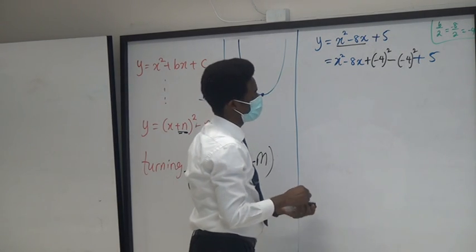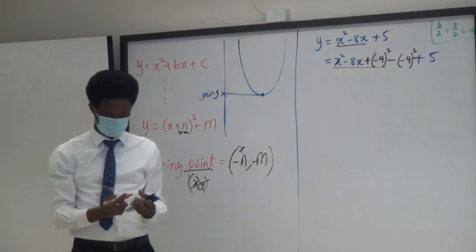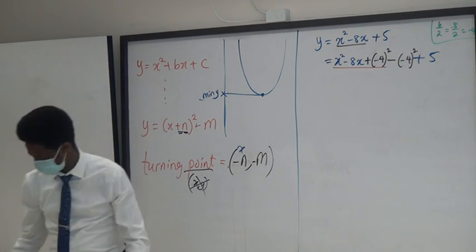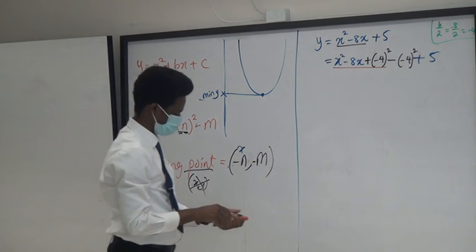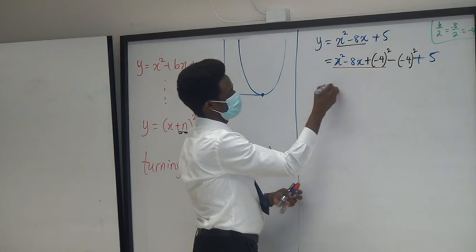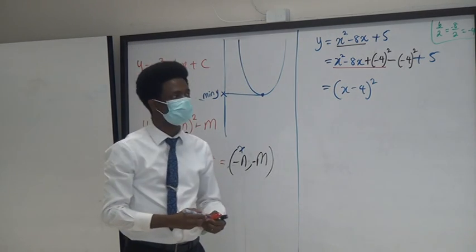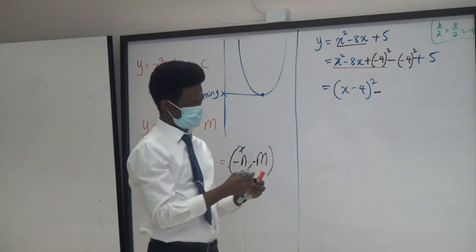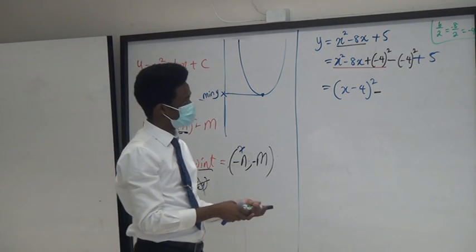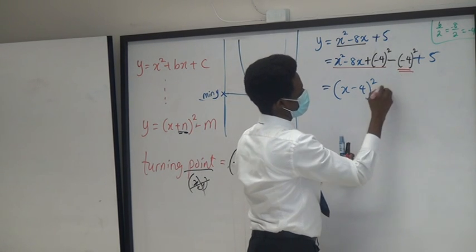So with this, the first three terms become the perfect square, and the others are just simplified. So we get x minus 4, remember this? And the minus remains, but that bracket is going to be plus 16.